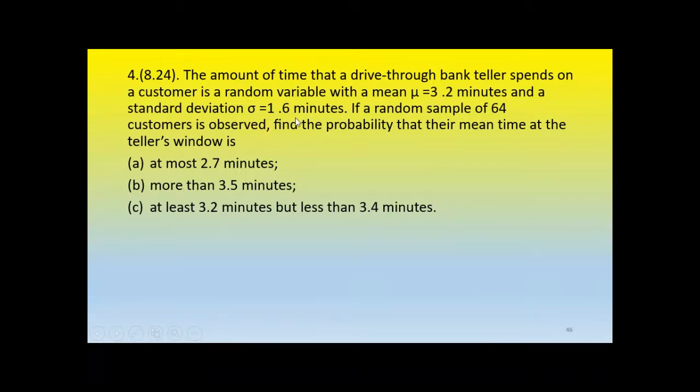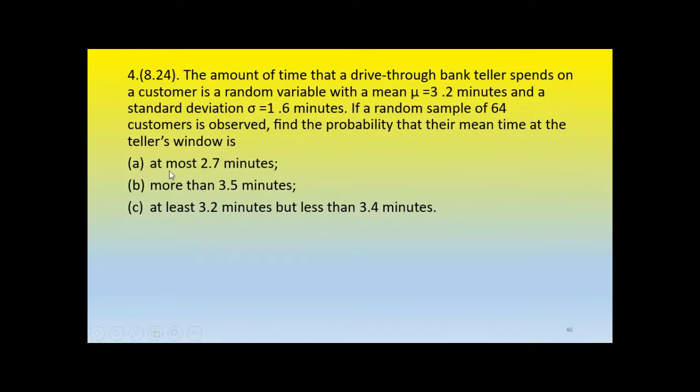For a random sample of 64 customers, the sample has been taken as 64, the size n is 64 now. Find the probability that their mean time at the teller's window, the mean service time.